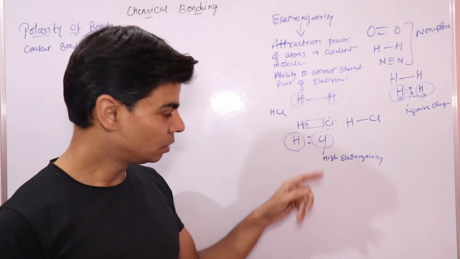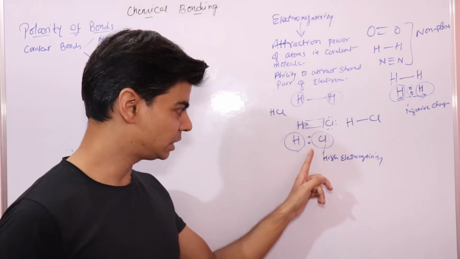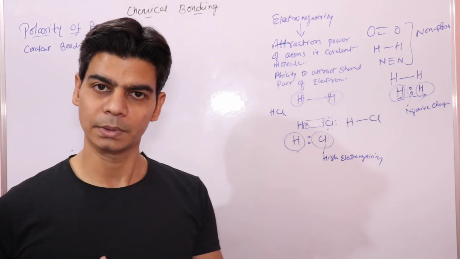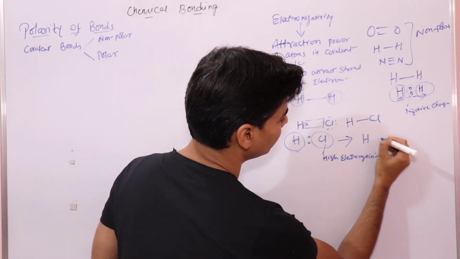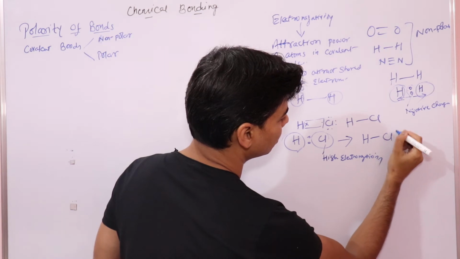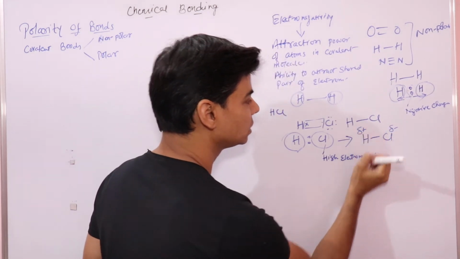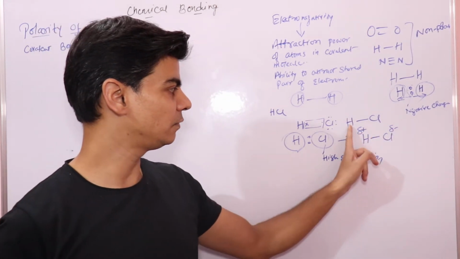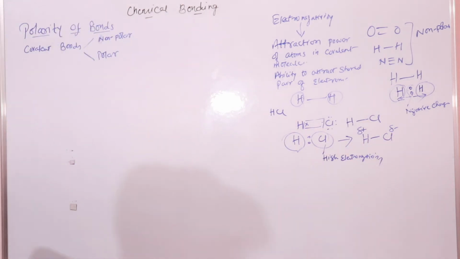And the atom that is away from this shared pair will acquire a slight positive charge, right? So it will be like this. Due to electronegativity, this is slight negative and this is slight positive. Slight negative and positive are represented using delta plus and delta minus, right?